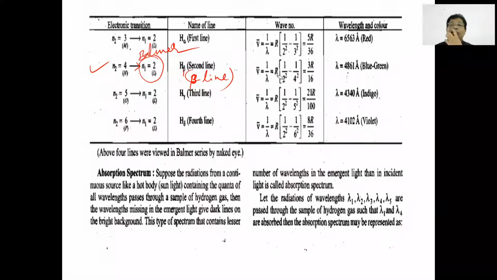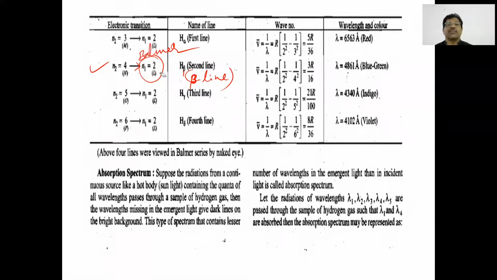Like this, we can calculate the lambda value of the second line of Balmer series. Is the concept clear now? So now check here. Nu bar is the wave number, that equals 1 by lambda, that equals R into Z square into 1 by N1 square minus 1 by N2 square.